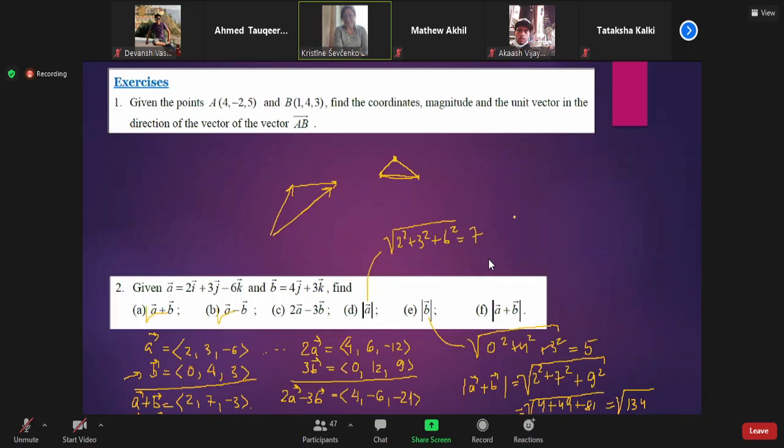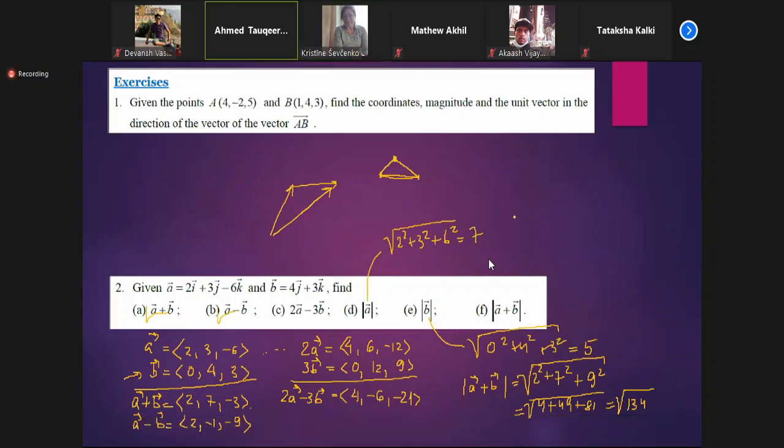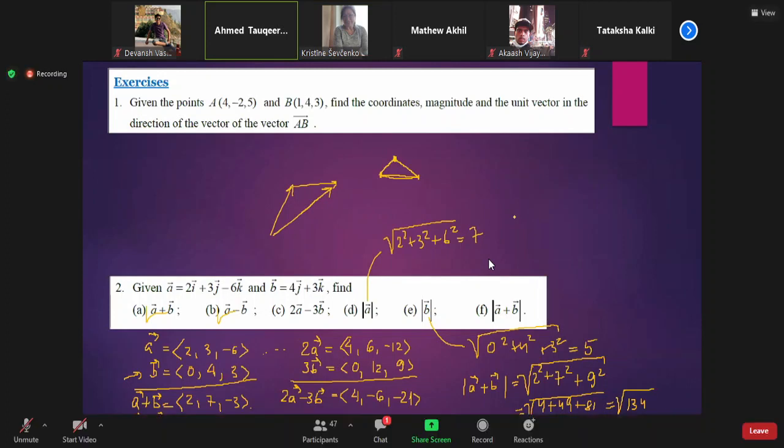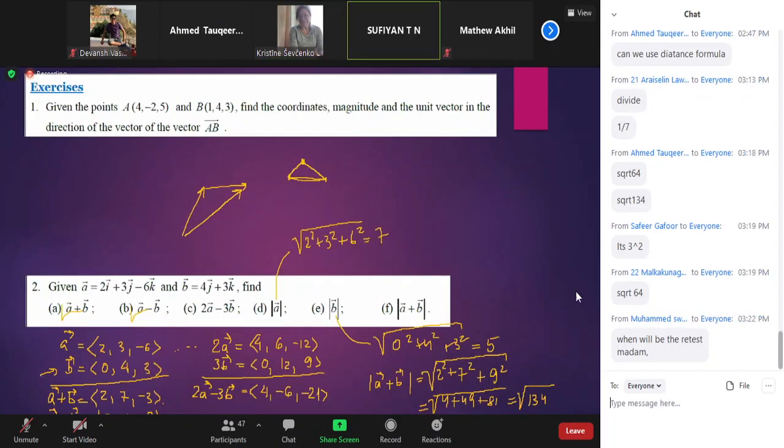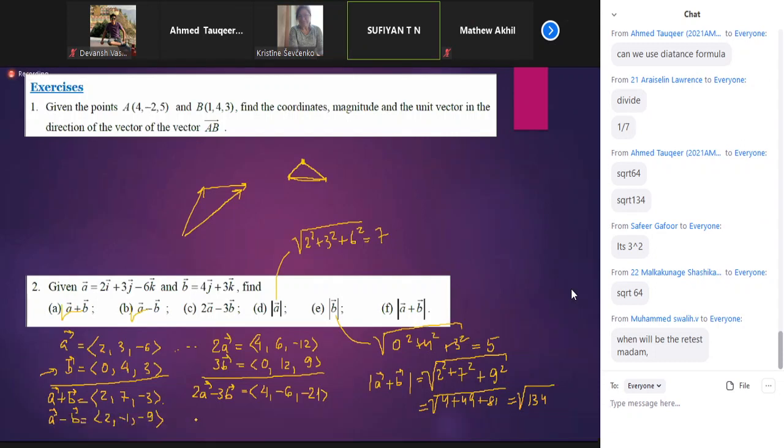And until then, yes. The magnitude of AB is 64 because the 9... Well, in which 64? Last one. The 9 is 3 squared. Magnitude of vector A plus vector B. Okay.